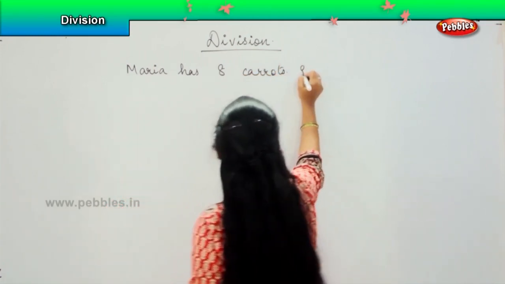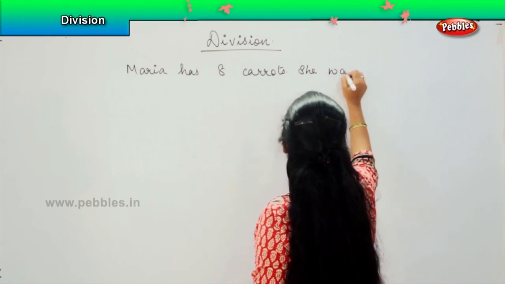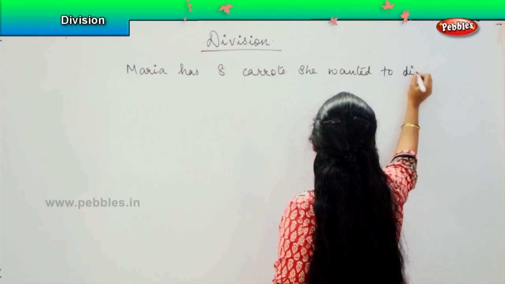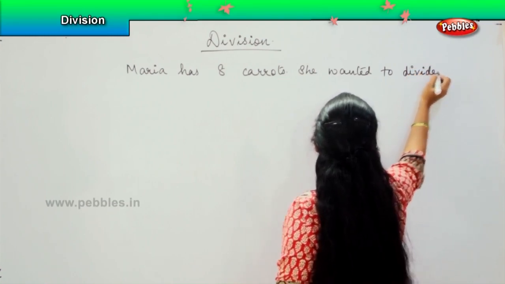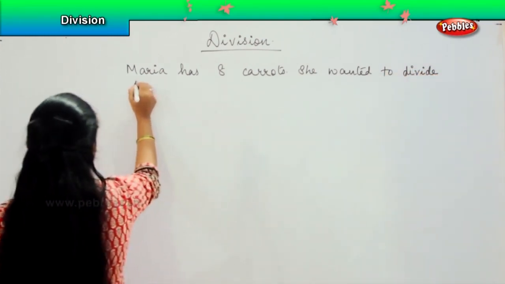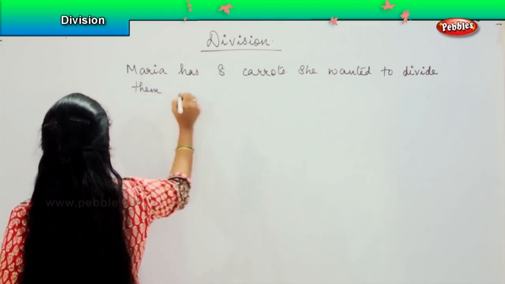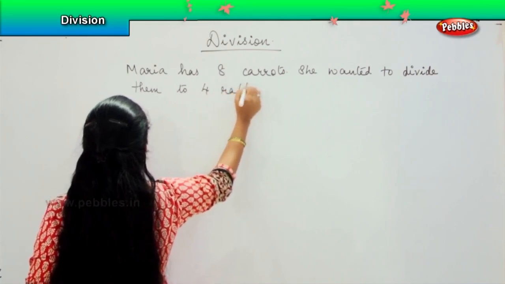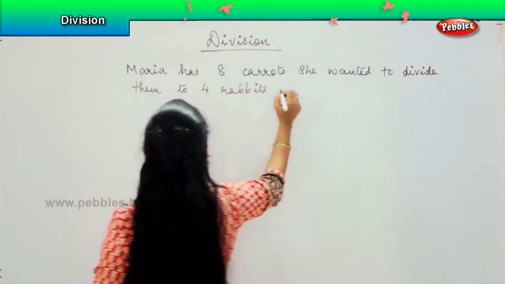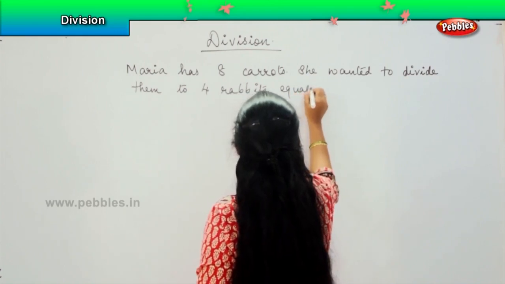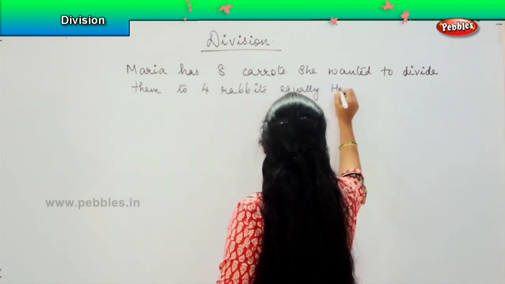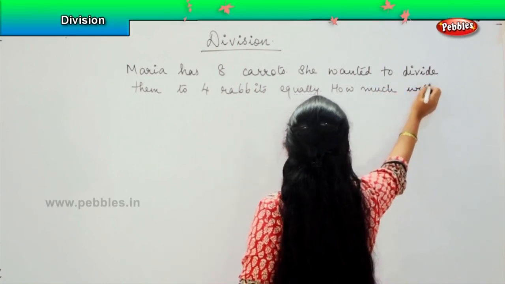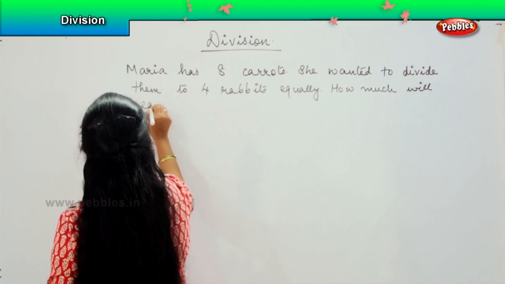Okay, she wanted to divide them to 4 rabbits equally. How much will each rabbit get?